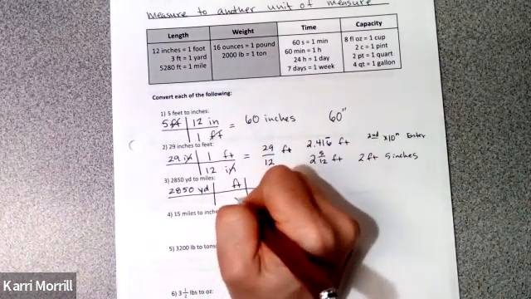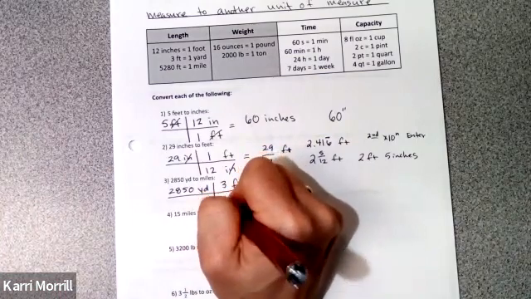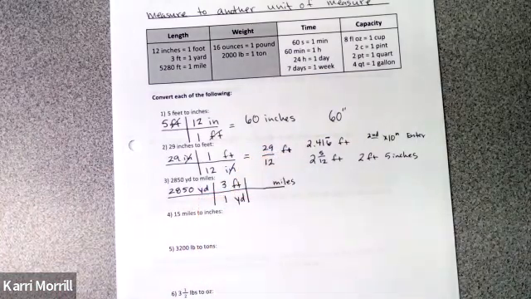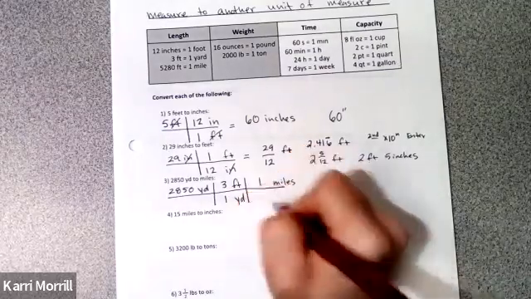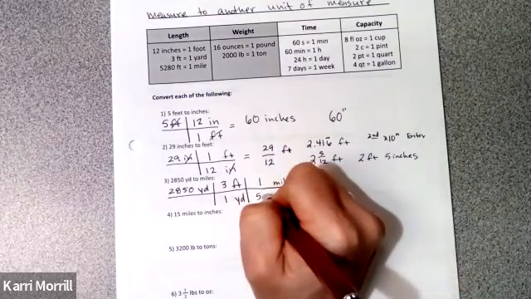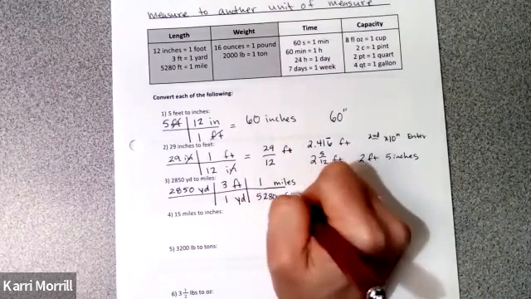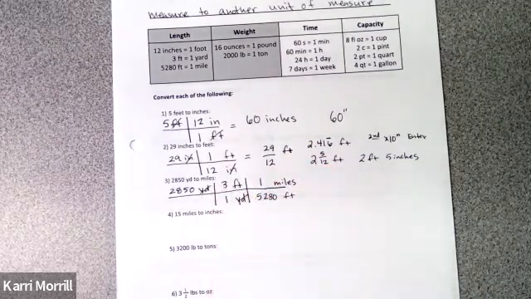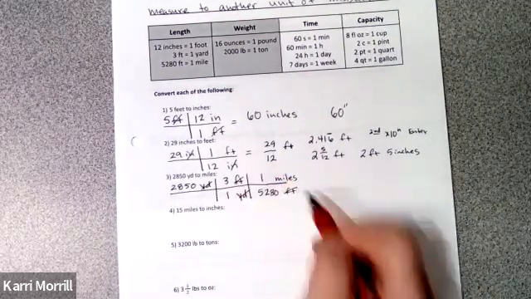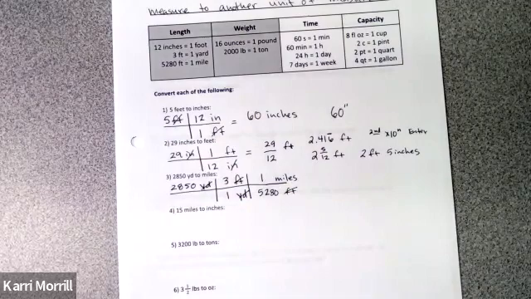So we know that there are 3 feet in 1 yard. And then we're going to have to say in 1 mile, there are 5,280 feet, because what we want to happen is to cancel the yards and cancel the feet, right? So that we're left with just the miles.